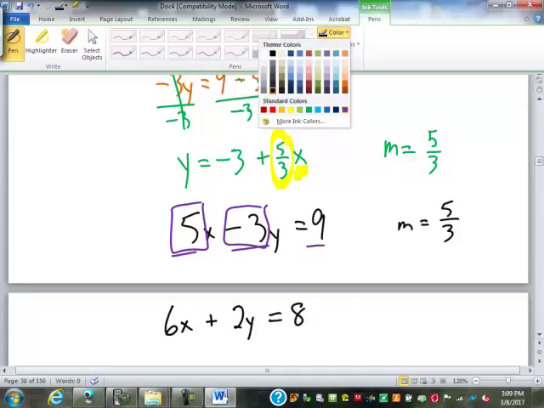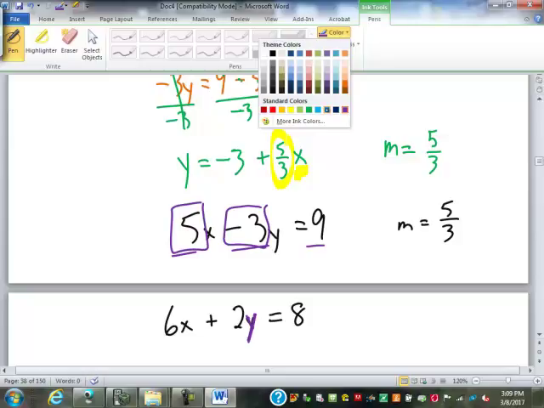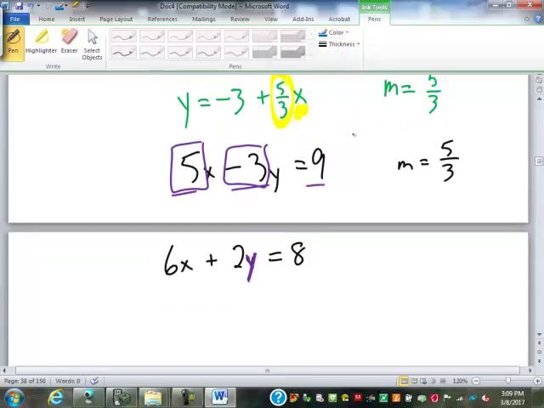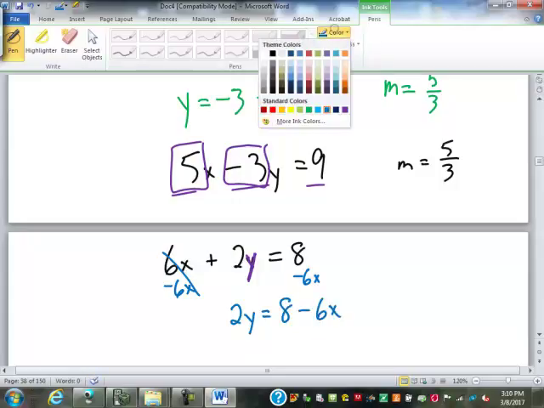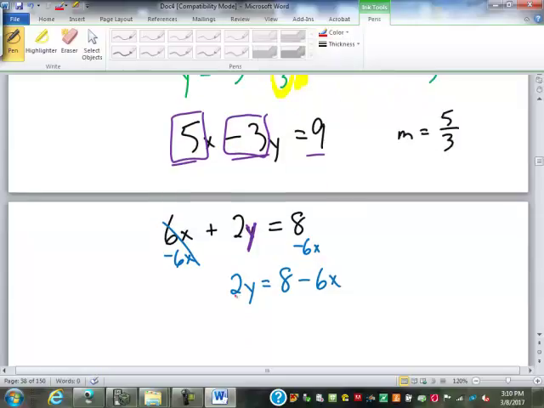To rearrange this to get y by itself, remember we have to have y equals, what do we have to do first? Subtract 6x. Very good. So that's gone, leaving us with 2y equals 8 minus 6x. Perfect. And then divide by 2. Good.